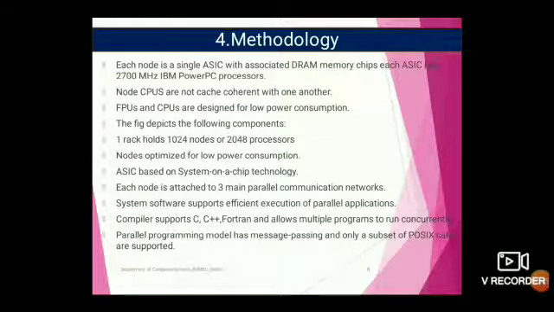Each node is a single ASIC. ASIC stands for Application Specific Integrated Circuit, with associated RAM memory chips, and each ASIC has 2 700 MHz IBM PowerPC processors. The node CPUs are not cache coherent with one another, and the FPUs and CPUs are designed for low power consumption. The figure depicts the following components. One rack holds 1024 nodes as mentioned earlier, and the nodes are optimized for lower power consumption.